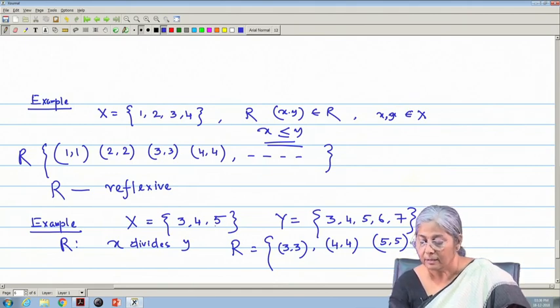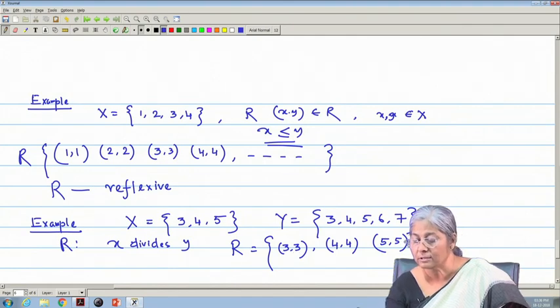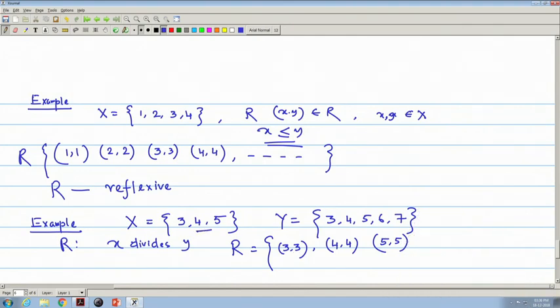But (6,6) or (6,7) are not there, because there is no element 6 in x.